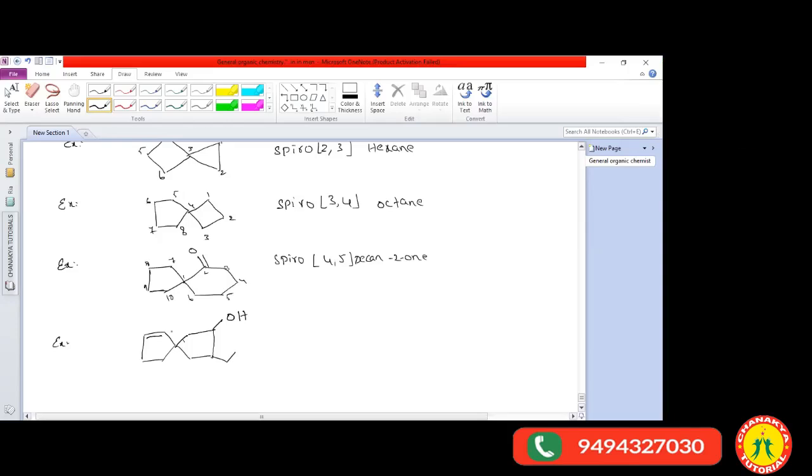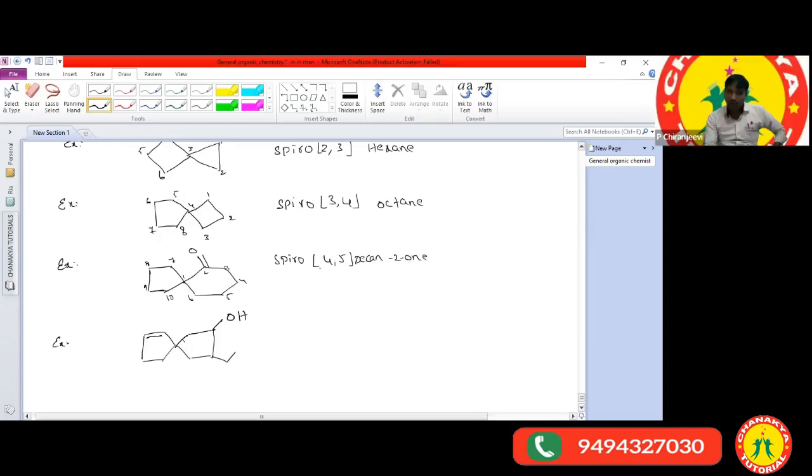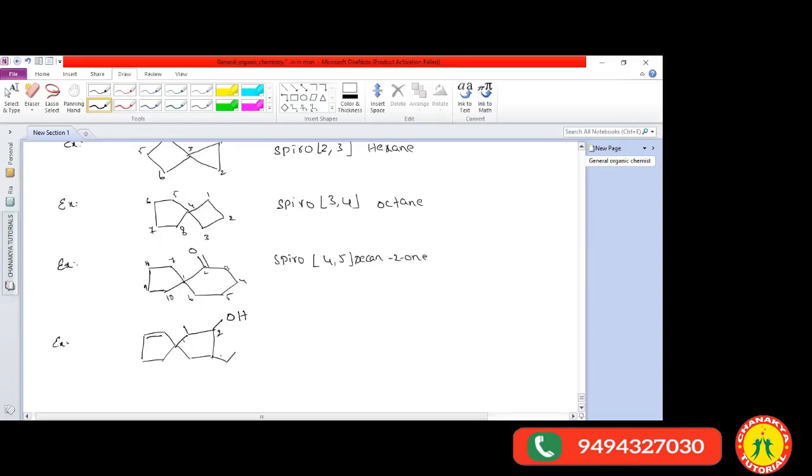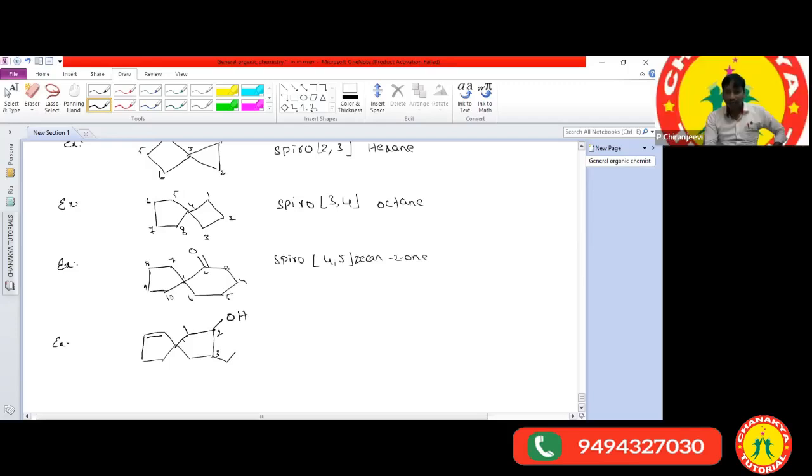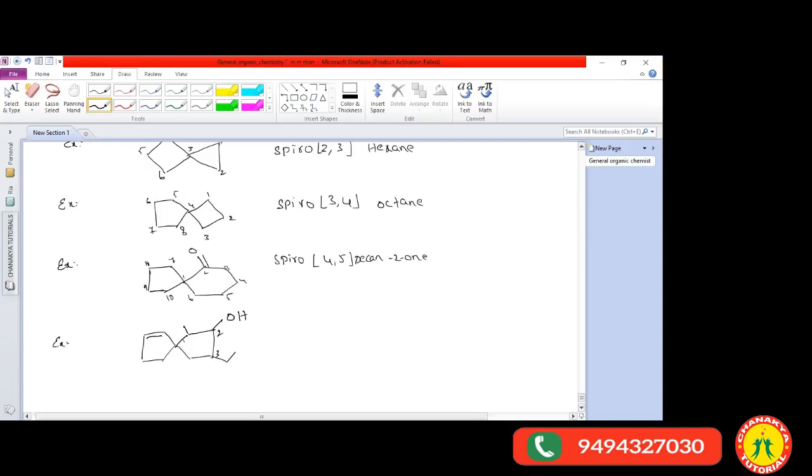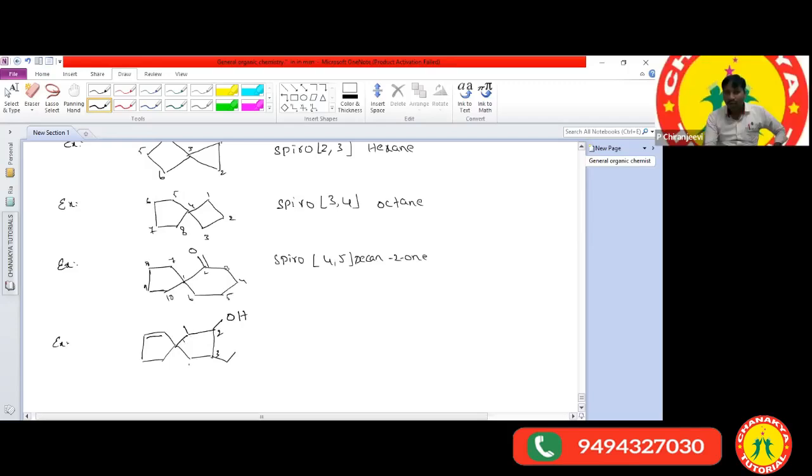Sir, is it 2-ethyl? It's not 2 ethyl. You can start the numbering from here: 1, 2, 3, 4. We can't start numbering from the carbon which has the functional group. Because we have a spiro compound, beside the spiro carbon only we have to start: 3, 4, 5, 6, 7.